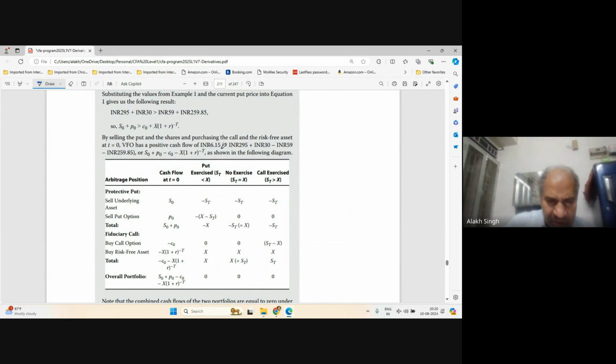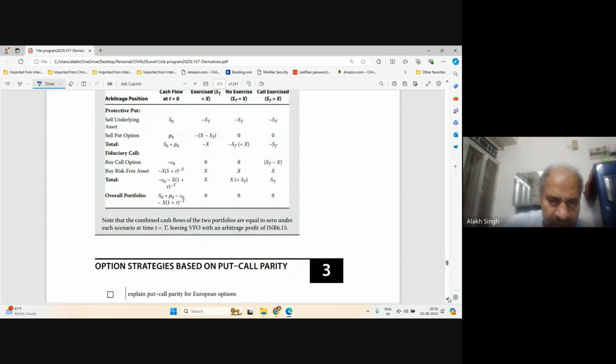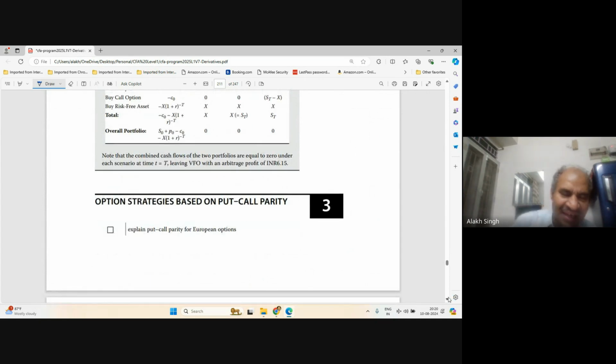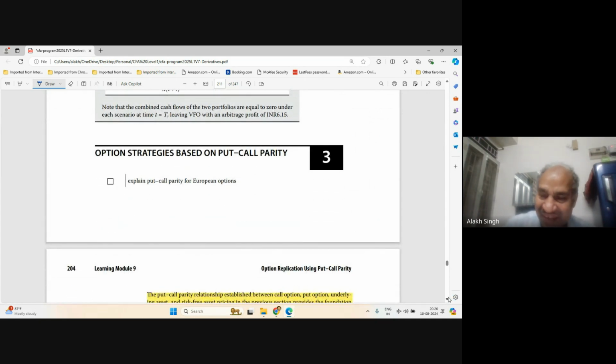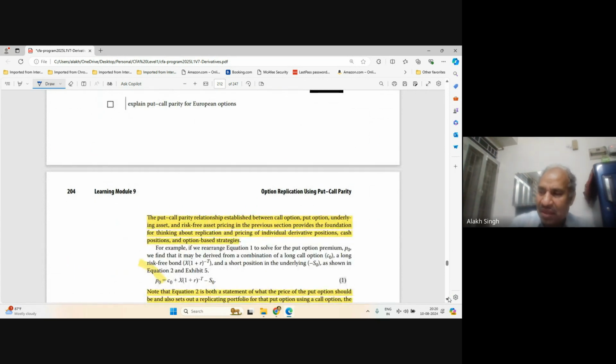All these are just explanation. We have already done it, so no point in discussing those lines, but if you want me to, I will. It shows how selling the put and the share will give you this much money. Then you invest it in buying the call and the bond today.